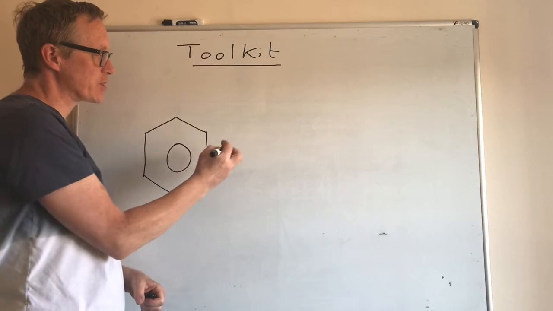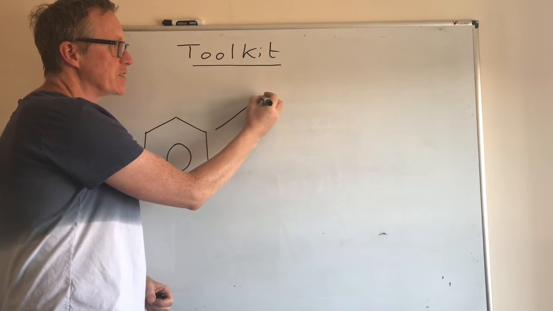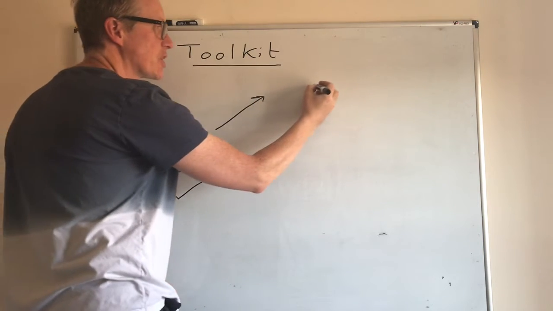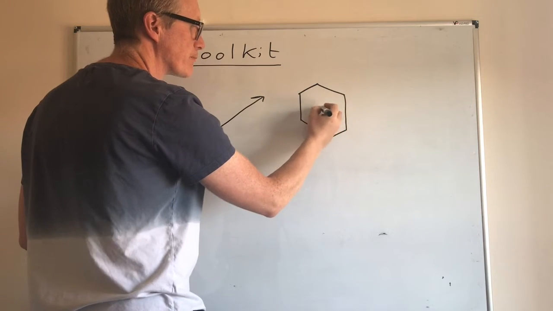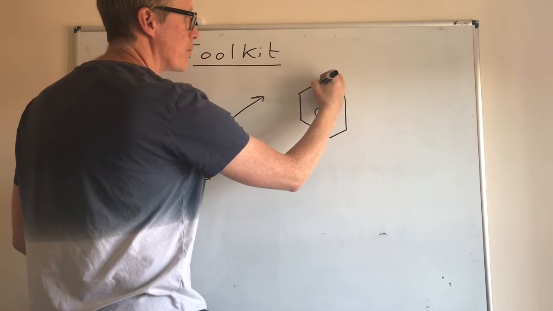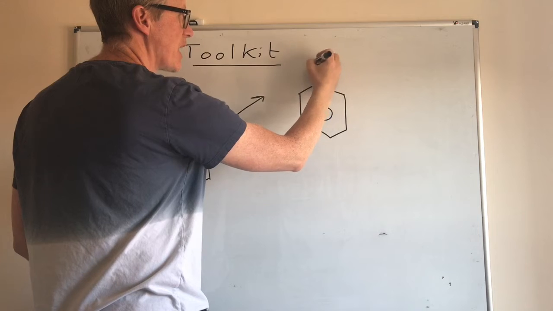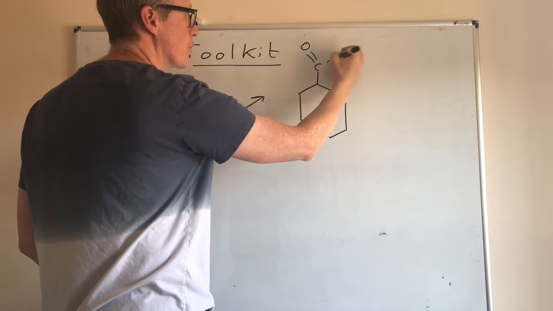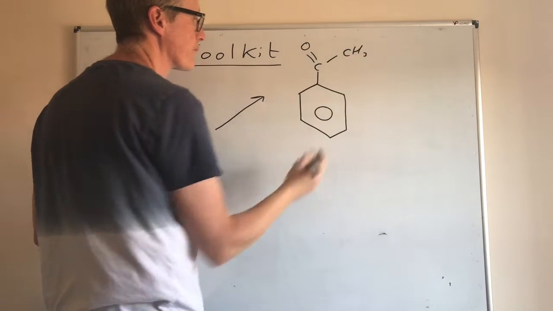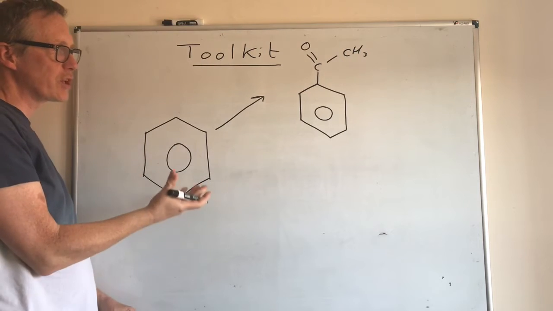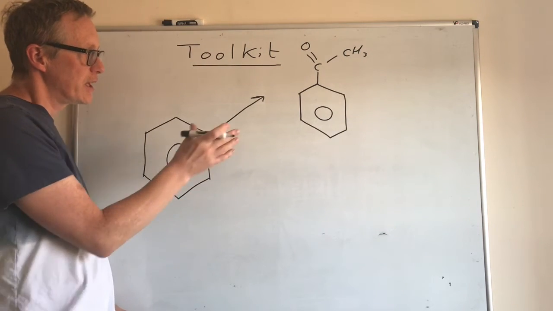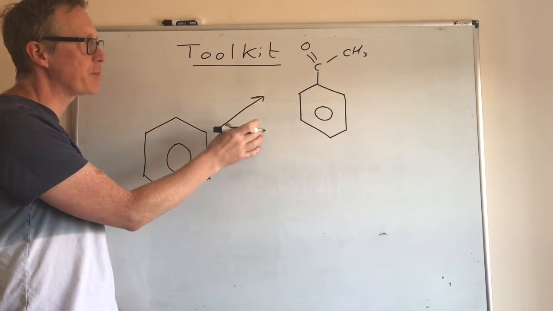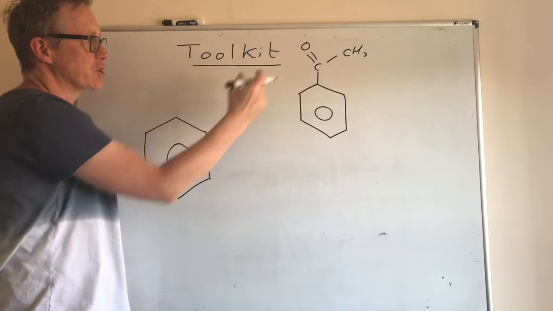So one of the reactions might be going from benzene to some form of acyl products. So on here we might be adding, say, a ketone group. If I wanted the details of that chemical reaction, the information I would have to put on here would be, what reactant do I need?